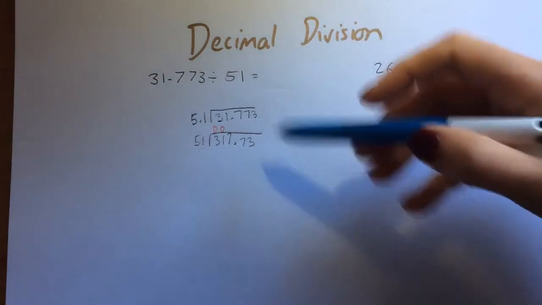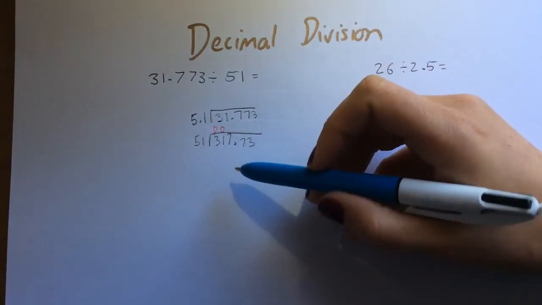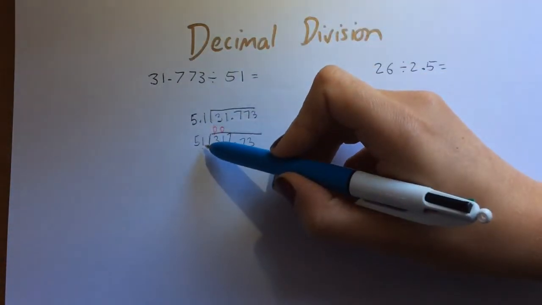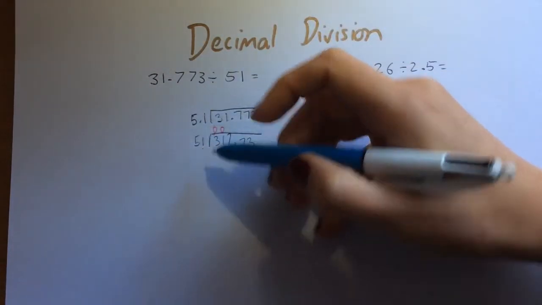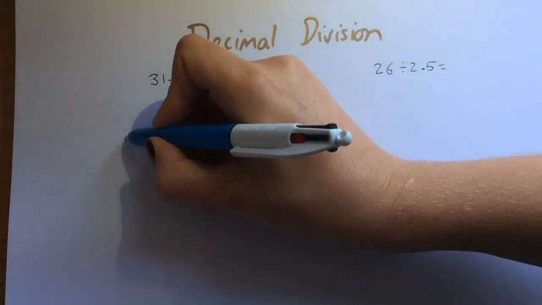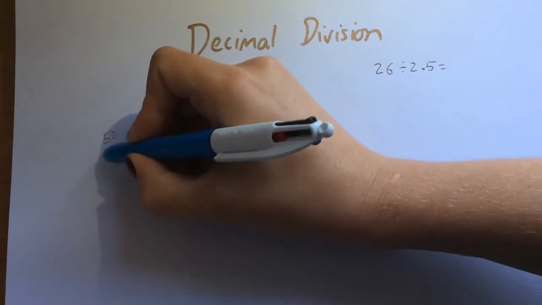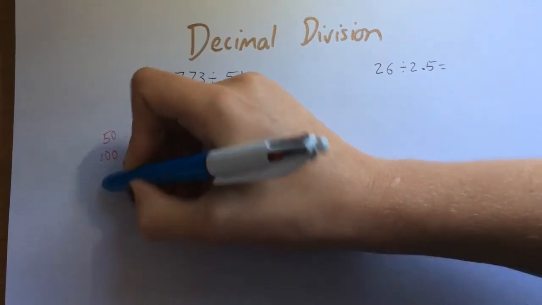The way that I'm going to figure this out is estimation, and I'm just going to show you what I'm doing in my head. So 51, I'm going to round that to 50. 50 plus another 50 is 100.